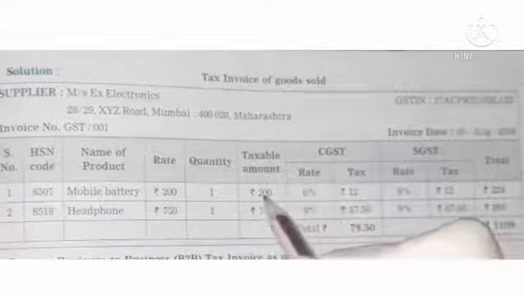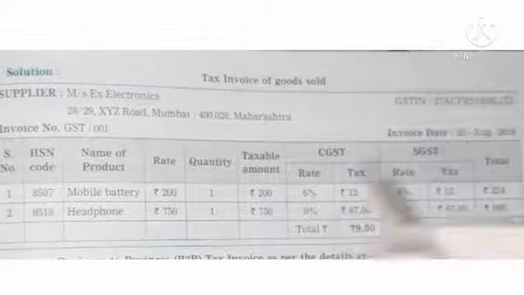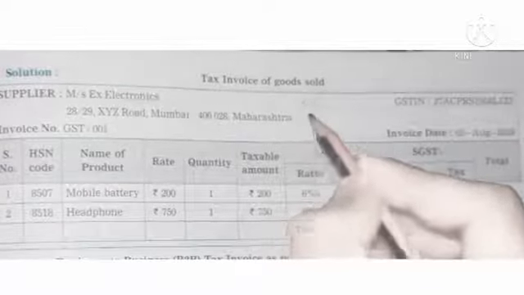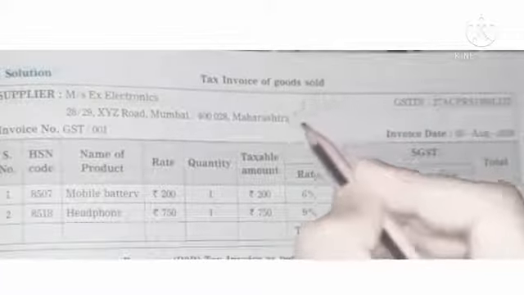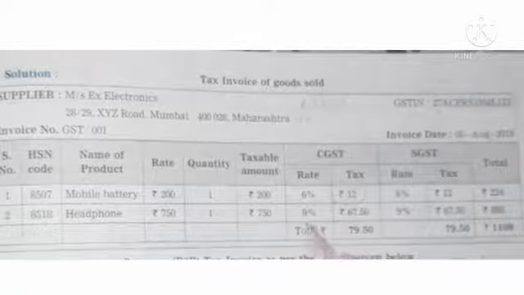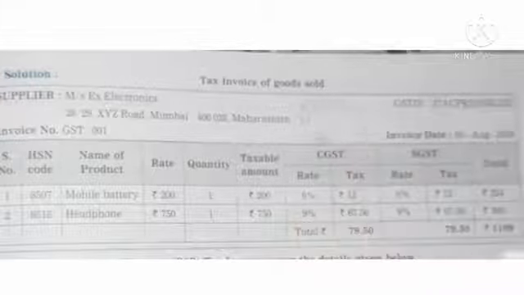So tax is, what is the 6% here? 6% of taxable amount, which is 200. So the 0s get cancelled, 6 twos are 12. So here it becomes 12. And here also 9% of taxable value.